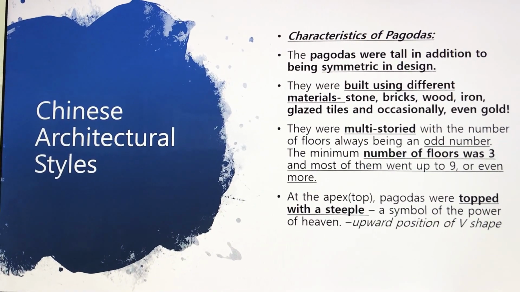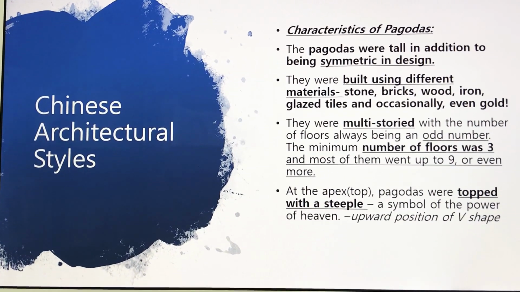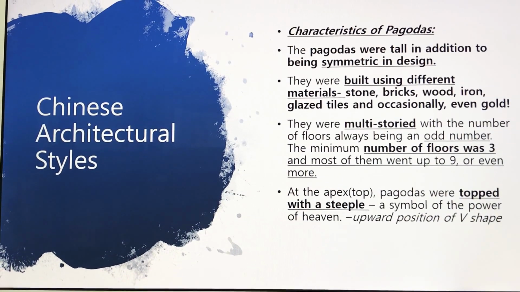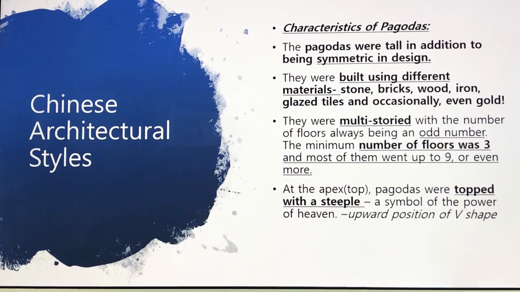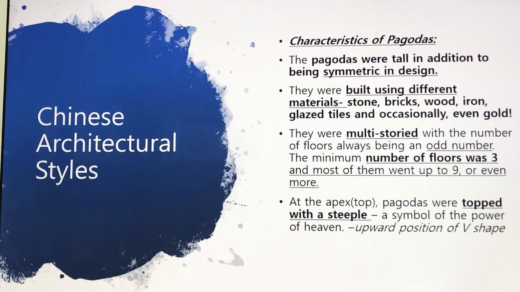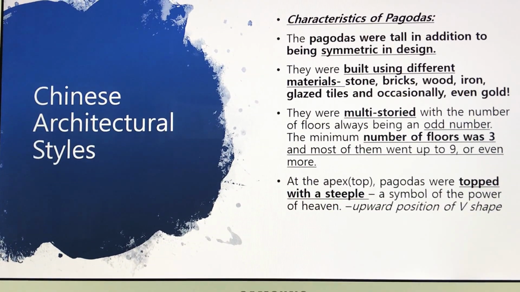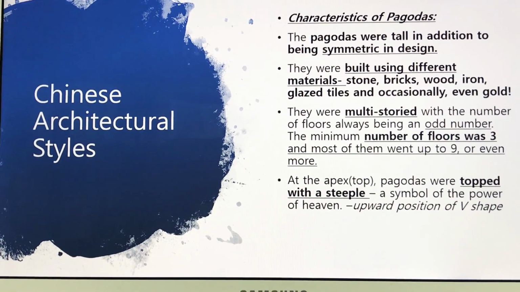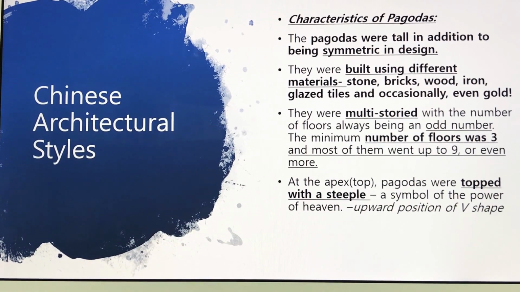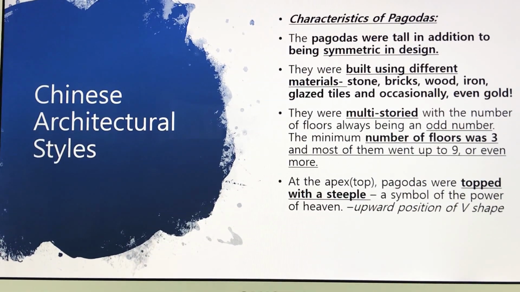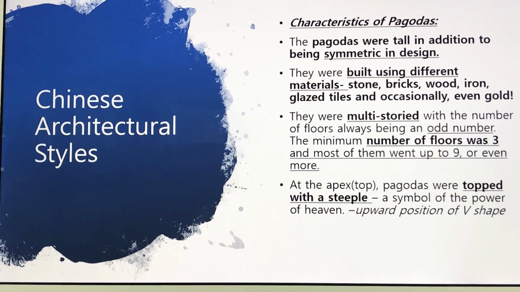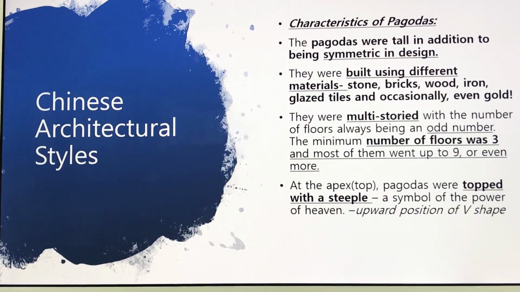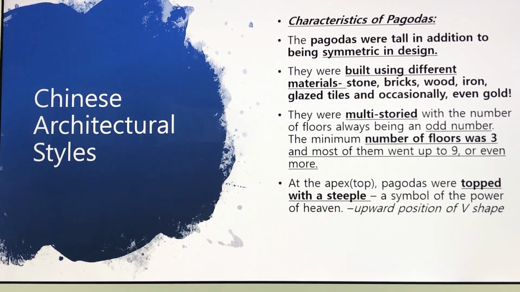It is built using different materials, like wood, metal, sometimes iron and cast iron, and tiles, but most often stones, bricks and wood. They also add colors, and they are multi-story.